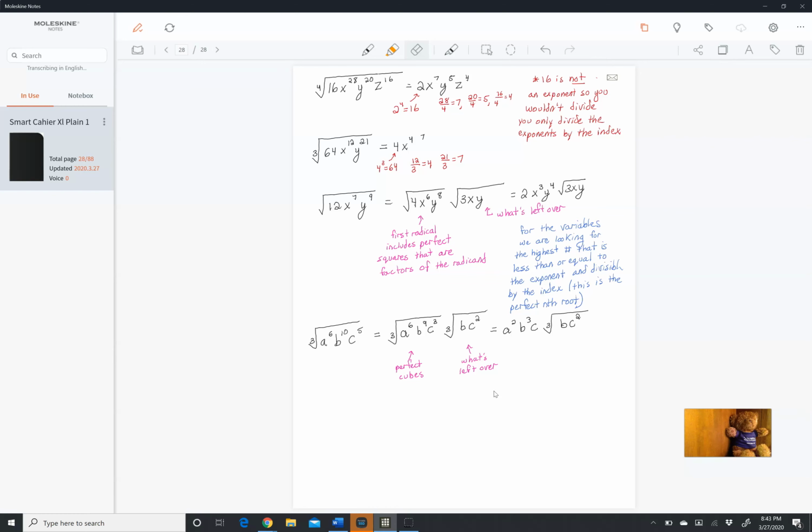They're not really going to get much harder than this. This is essentially it. Let's take another one. Let's take a 6th root this time.